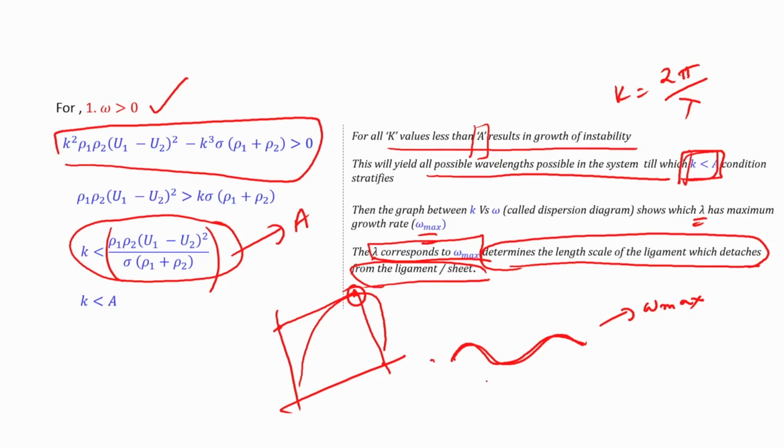So it is a simple linear stability analysis in inviscid conditions, by which you can actually predict the growth rate of the disturbances and the resultant ligament diameter.